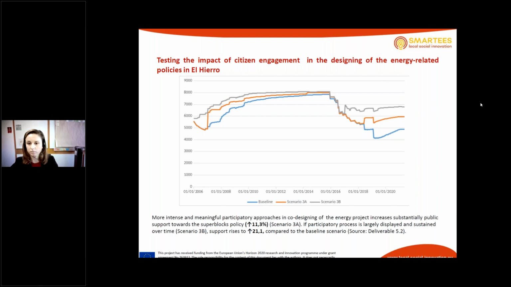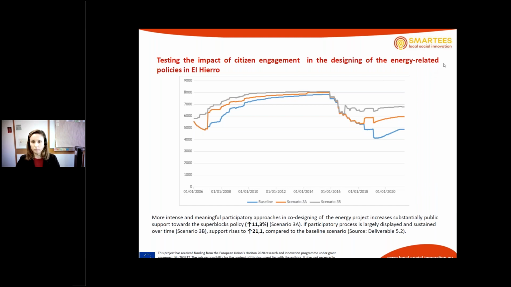Why does this happen? Because participatory processes are a new normal and, as you say, a must for the implementation of social innovations. But the goal of participation should be engaging citizens in real co-designing of the project, of the superblock in the neighborhood, of the renewable energy project on the island, of the sustainable mobility plan in the city.